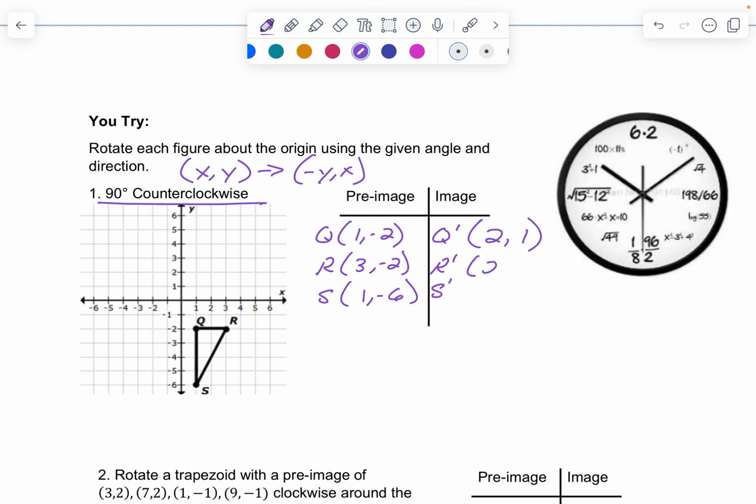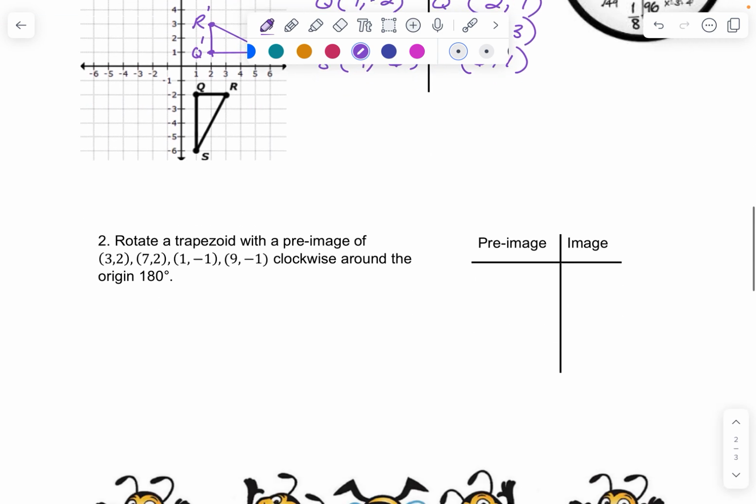This is going to be (2, 3). And this is going to be (6, 1). So (2, 1), (2, 3), (6, 1). So this is Q prime, R prime, S prime. And there we go. And you can see if you turn it, that's exactly where it would be.